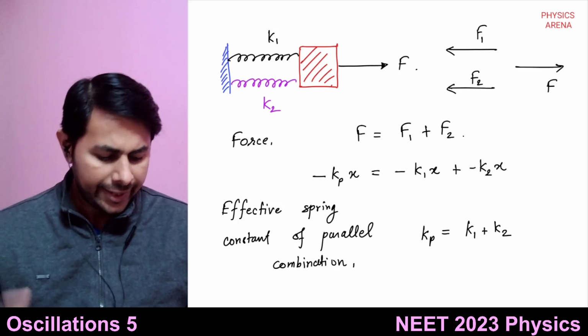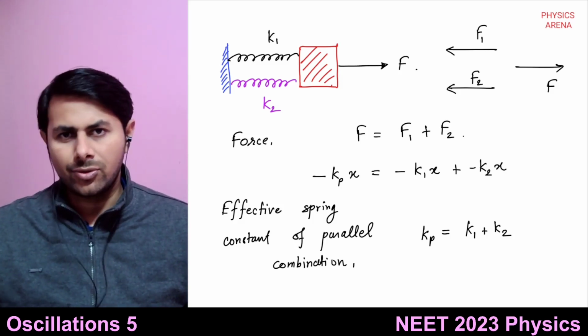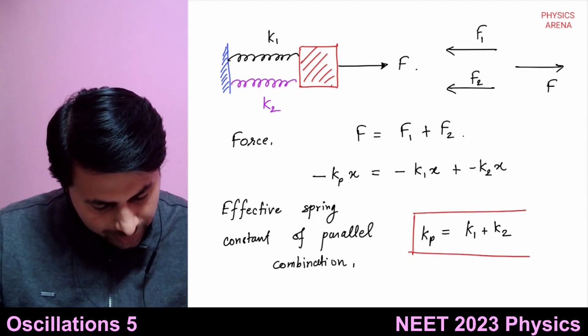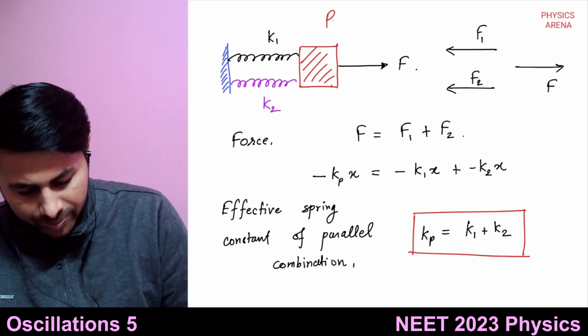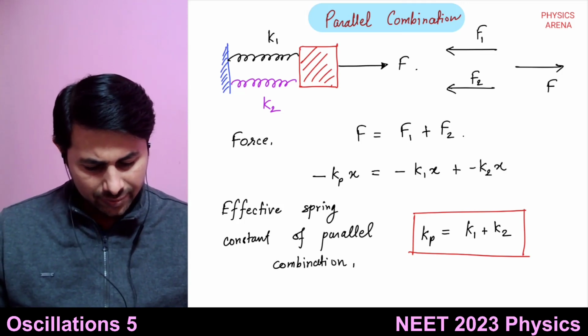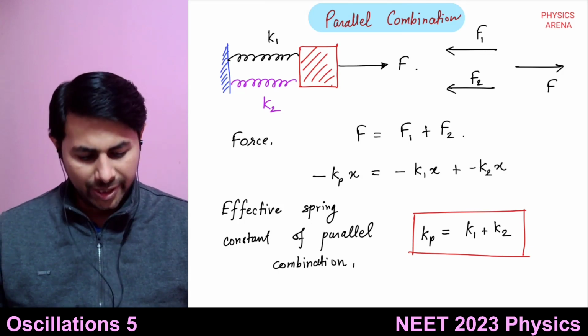And if there are n springs, then it will be just K1 plus K2 plus K3, and so on and so forth up to Kn. So this is the parallel combination of springs. All right, so this is about series and parallel combination of springs.